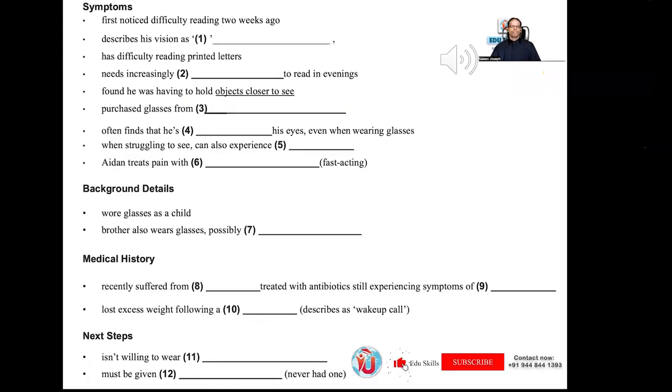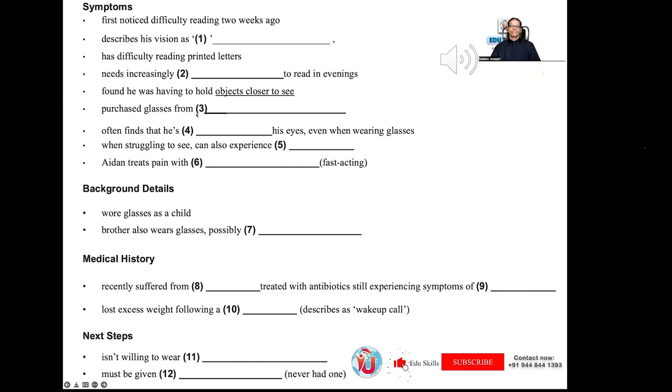Yeah. Symptoms. First to notice difficulty reading 2 weeks ago. Describes his vision as dash. Has difficulty reading printed letters. Needs increasingly dash to read in evenings. Found he was having to hold objects closer to see.